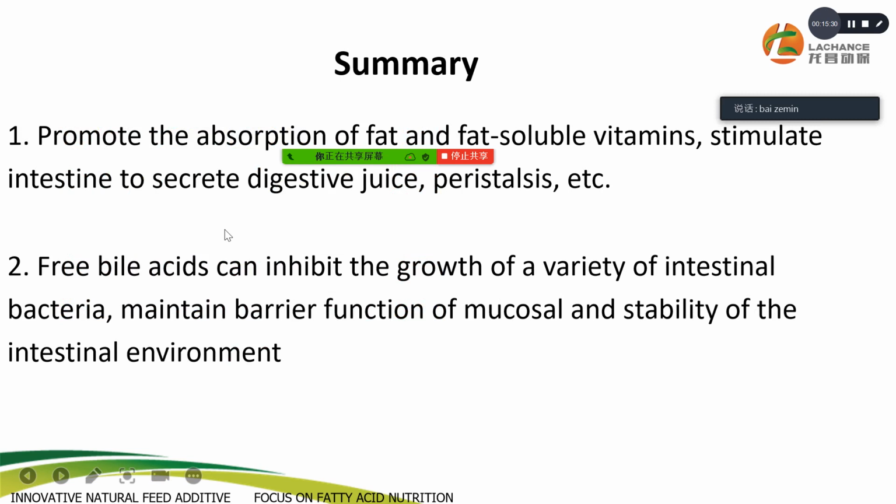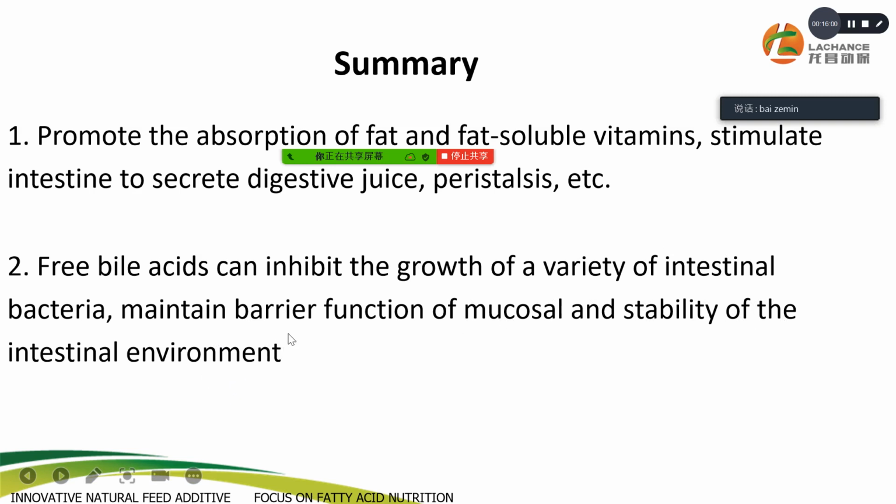Of course, bile acid can promote the absorption of fat and fat-soluble vitamins, and stimulate the intestine to secrete digestive juice and peristalsis, and so on. And second, free bile acid can inhibit the growth of intestinal bacteria, and maintain the barrier function of the mucosa and the stability of the intestinal environment.